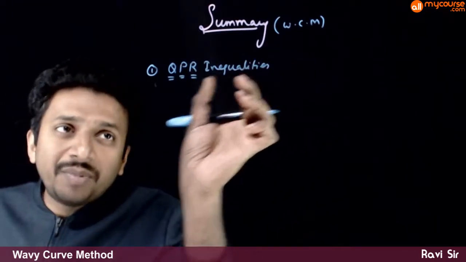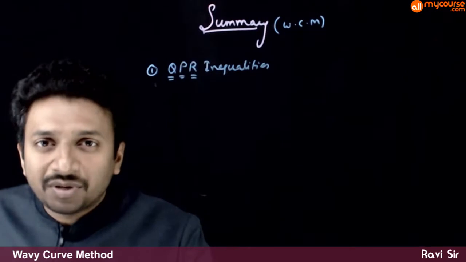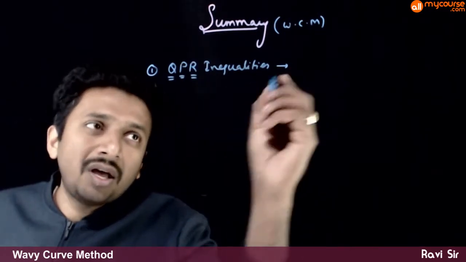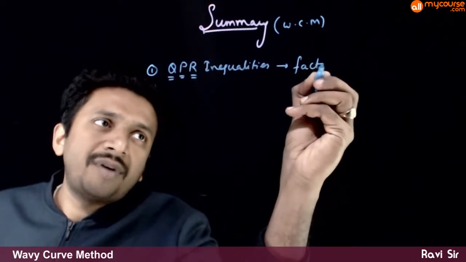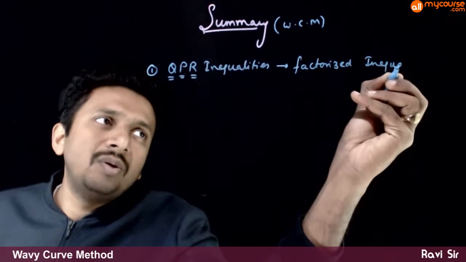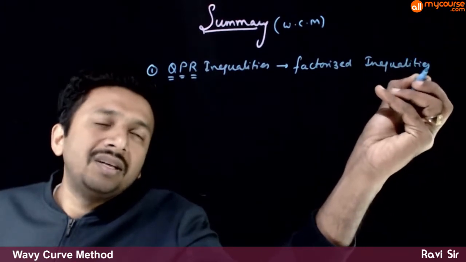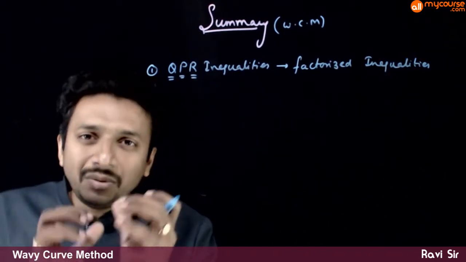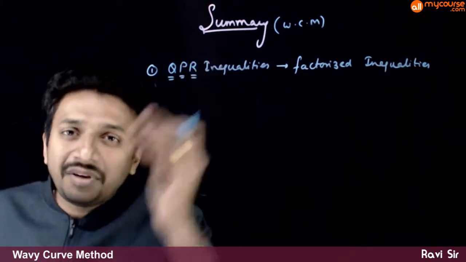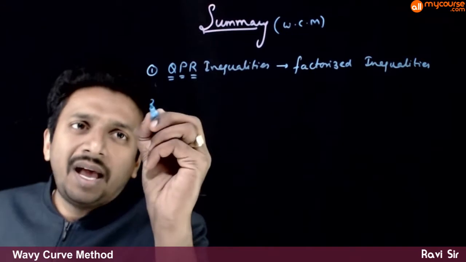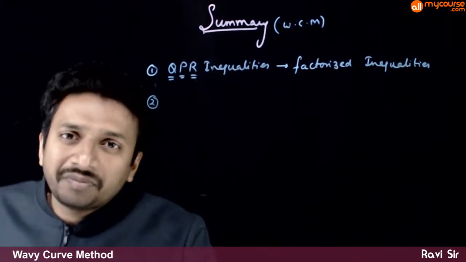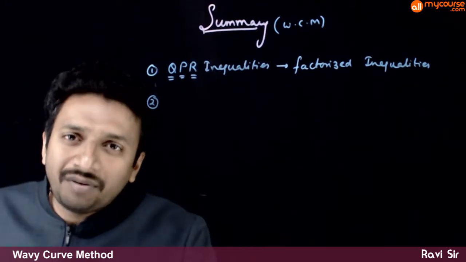So wavy curve method can be used for these three types of inequalities. And the inequalities that we are going to solve have to be factorized inequalities. So only if the inequality can be factorized into linear or quadratic factors, then wavy curve method can be used.